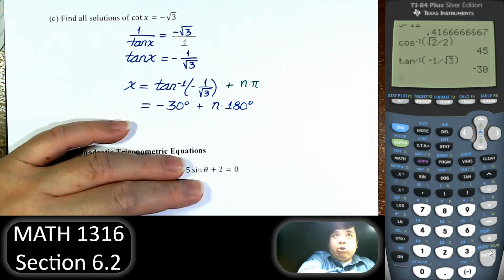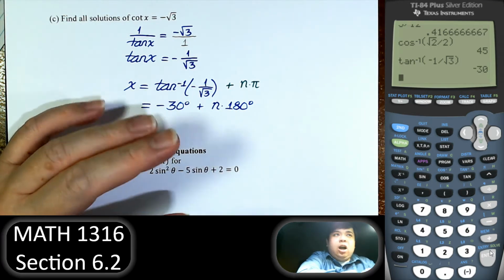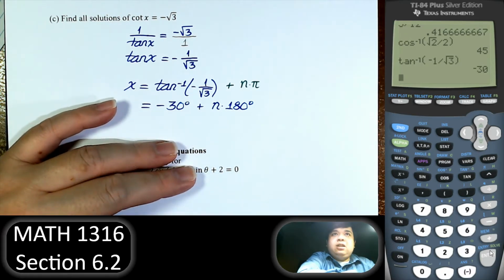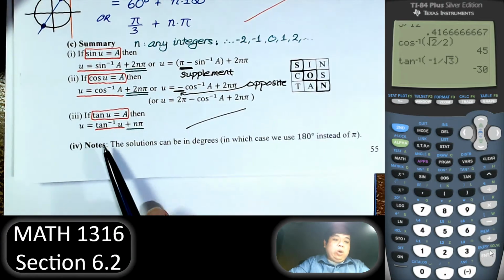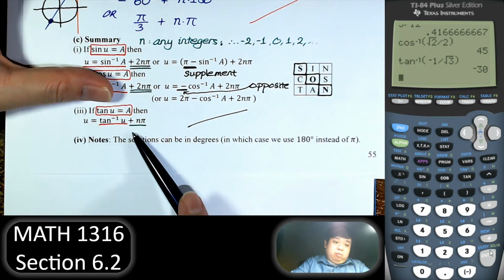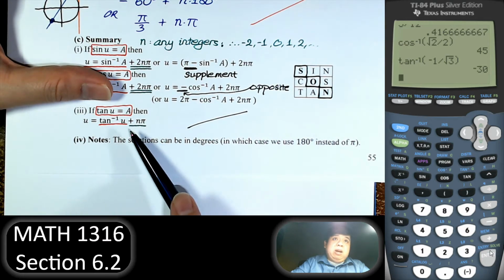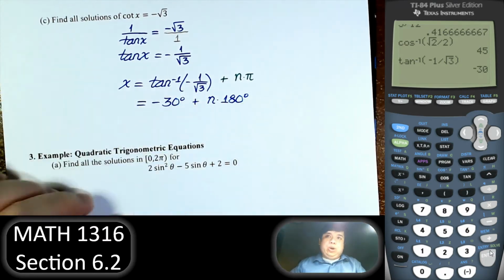Pi is equivalent to 180 degrees. Of course, we can just have that. Remember, in tangent, that's all we have. It's just the tangent inverse. There's nothing else. Just need to know that the period for tangent is pi, not 2 pi. So that's all we do, really.